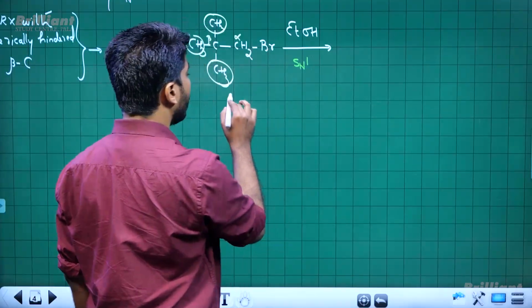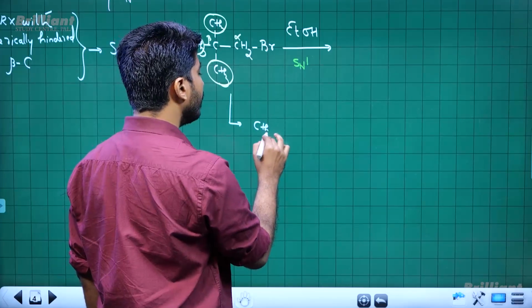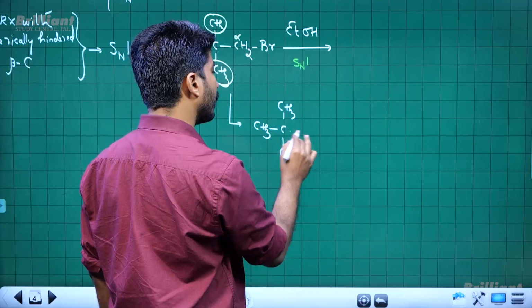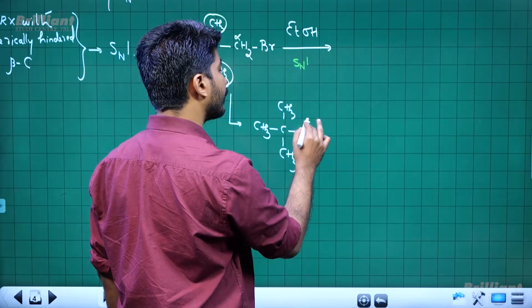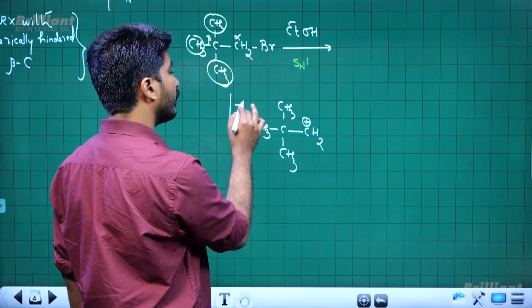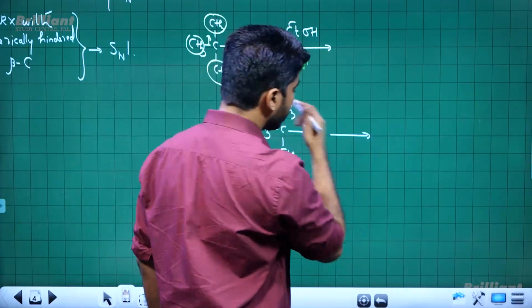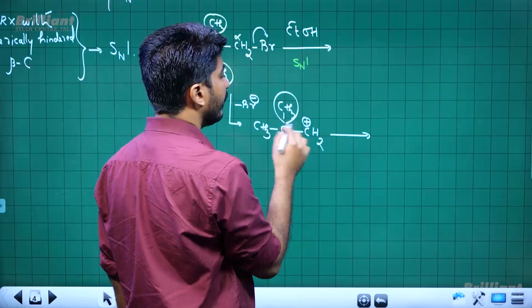In the SN1 mechanism, first of all, there is a carbocation formation, (CH3)3C-CH2 plus, with the loss of bromide. And if a carbocation forms, you know, there will be rearrangement. Rearrangement is characteristic of SN1 mechanism.